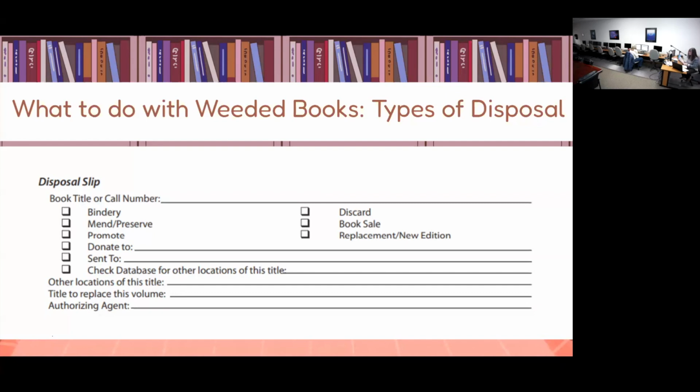I don't know. But it is an idea of what to do, or maybe you have stacks in your separating them. Maybe this could be okay, this is the stack for discard. This is the stack for the book sale. This is the stack for it needs repaired.